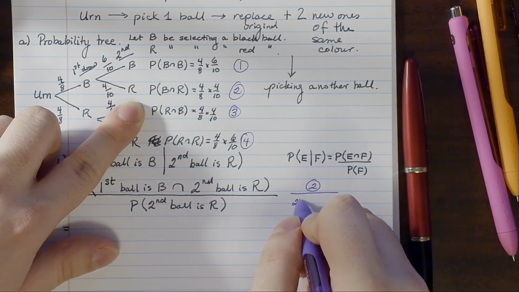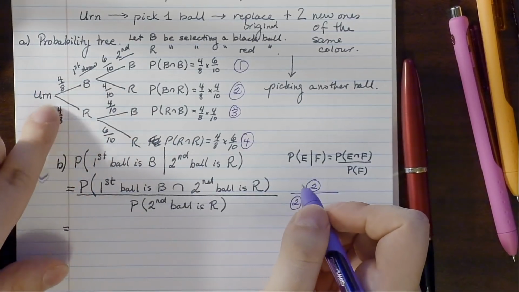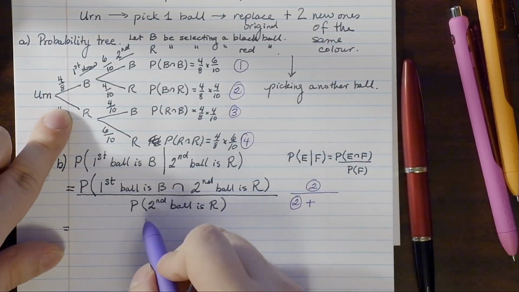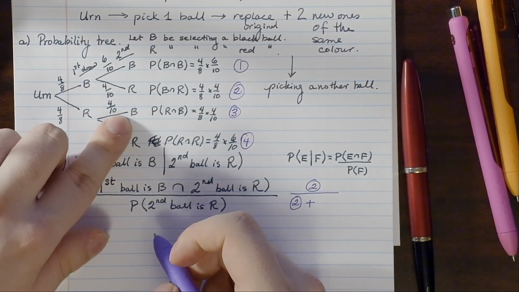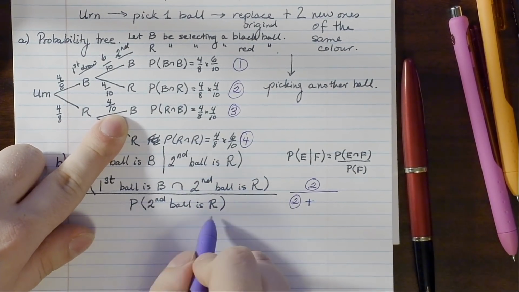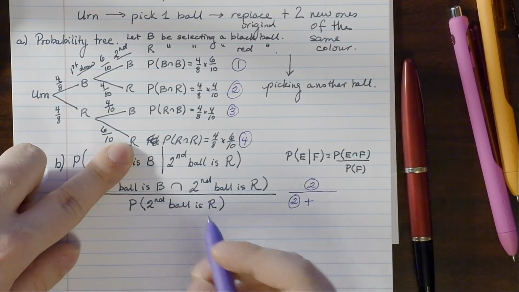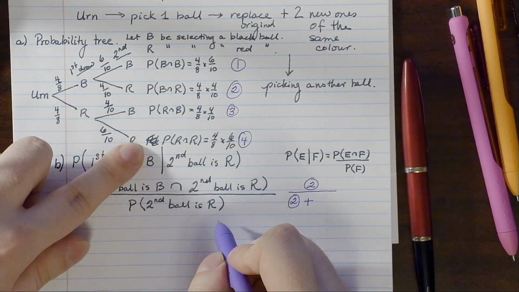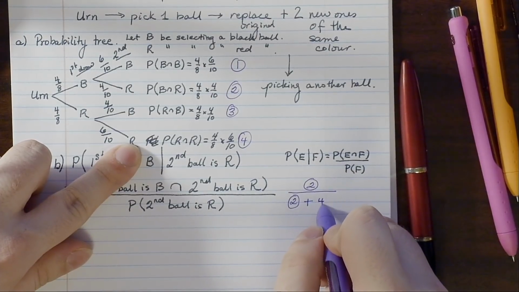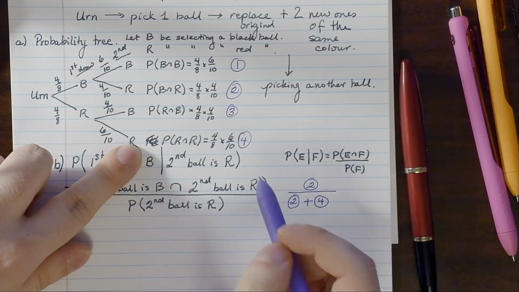So I care about branch 2. Could I have red and black? No, I don't care because, again, the second ball is supposed to be red. So it's this branch right here, red and red, where the second ball is red. So I want branch 4. So that's all I need.